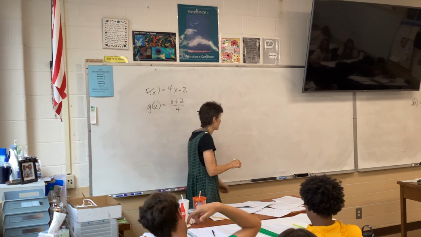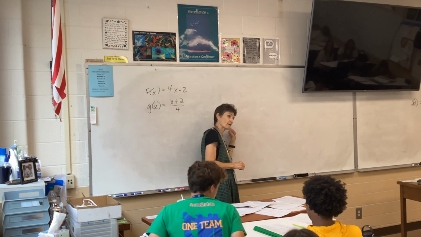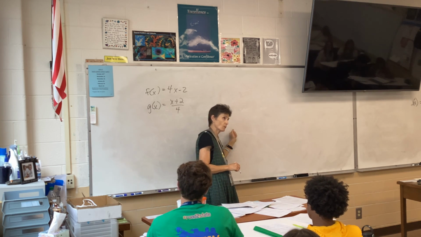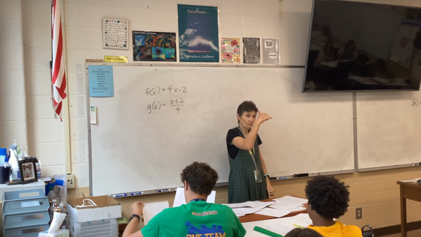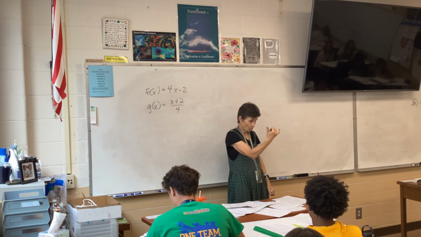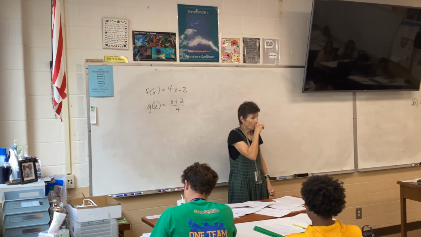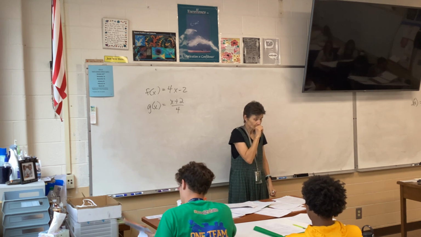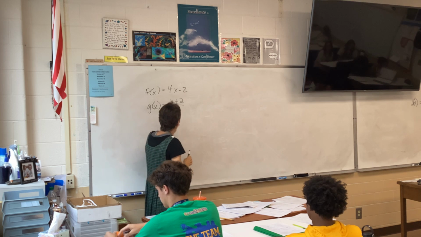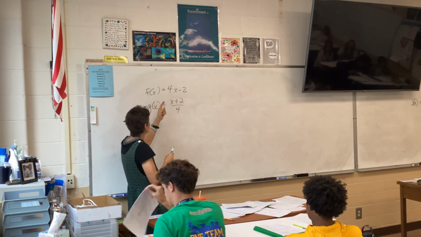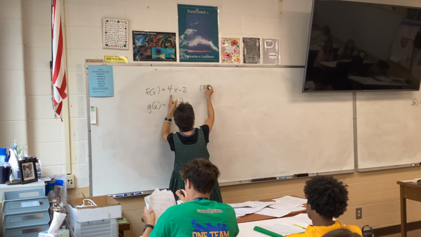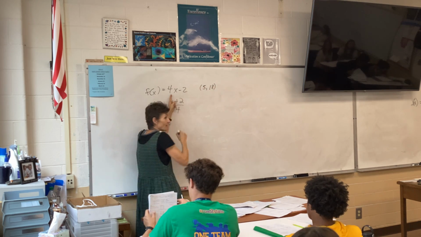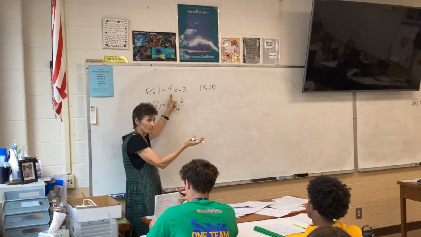So I want you to think about what I was just talking about with that parabola and that square root. When you find an inverse, you flip the ordered pairs. So in other words, if you were to plug, let's say a 5 into this function, your ordered pair would be 5, 18, right?